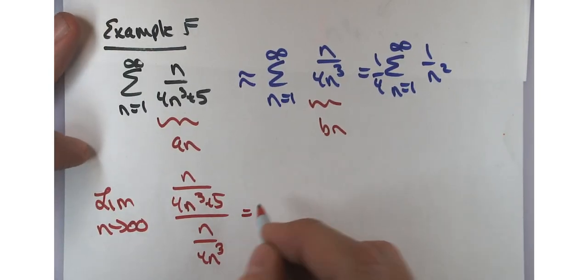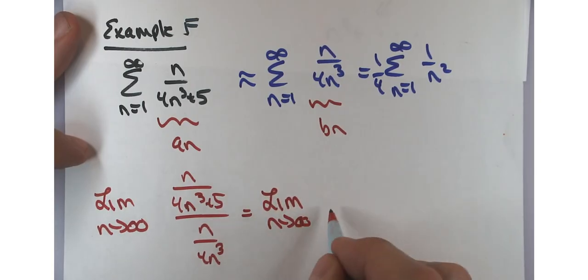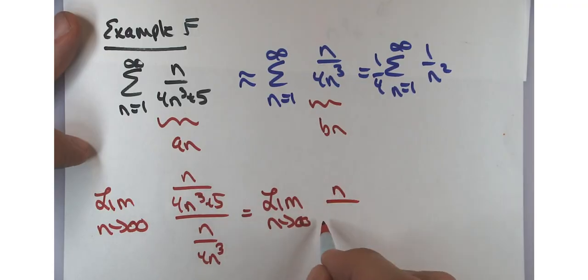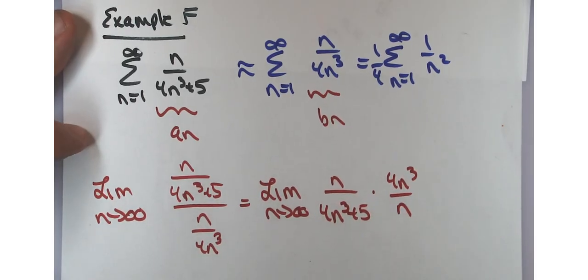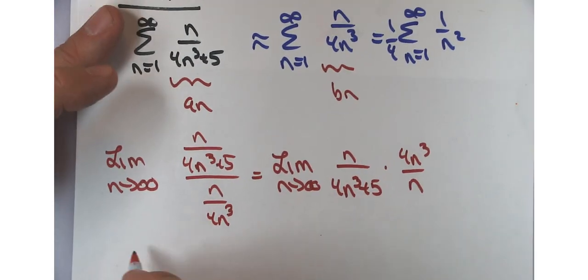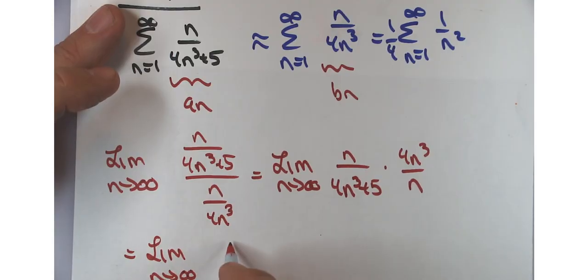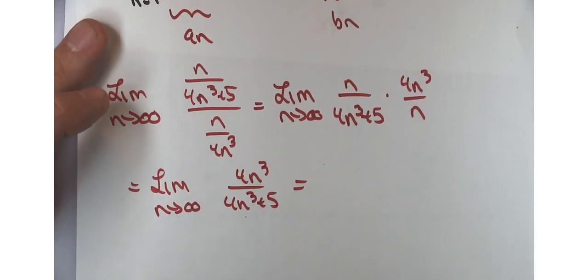Invert and multiply: the limit as n approaches infinity of n over 4n cubed plus 5 times 4n cubed over n. Well, we get some cancellation here. You're going to end up with the limit as n approaches infinity of 4n cubed over 4n cubed plus 5. That limit is 4 over 4, which is 1. Nice.